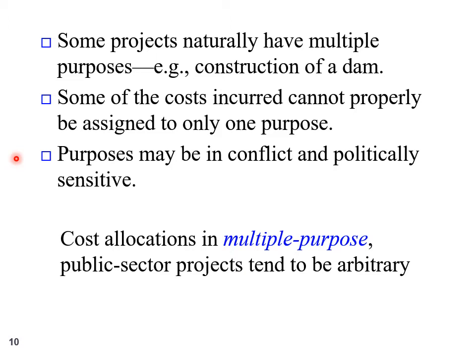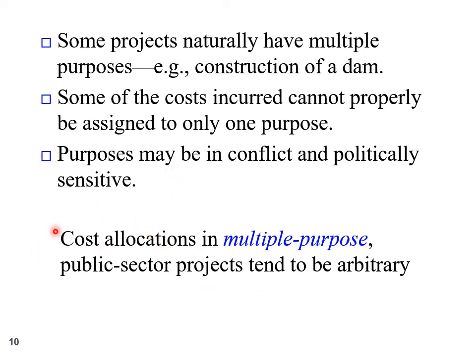But for flood control, you need an empty reservoir, and for electricity generation, you need a certain amount of water, and these purposes conflict with each other. Usually in public projects where there are such multiple purposes, they conflict with each other.